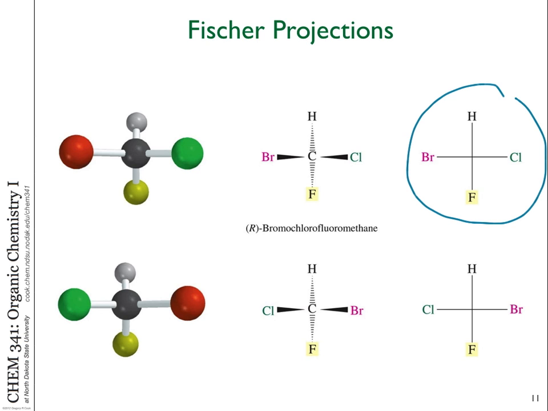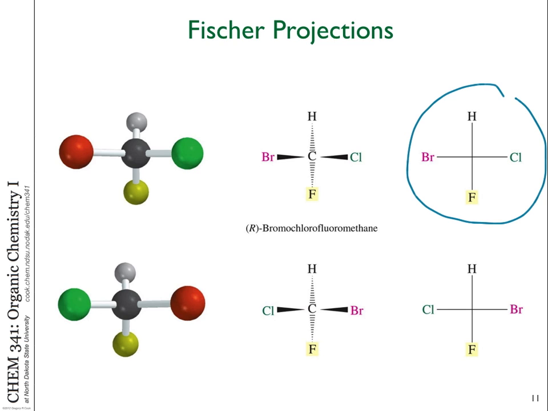They don't show bold or dashed. It's assumed when it's written as a Fischer projection. I don't like it because it's ambiguous and it assumes you know, but you might encounter this. So I want you to see it. I'm not going to have you know this for the class, and I'm never going to represent molecules this way, okay, because I hate it.